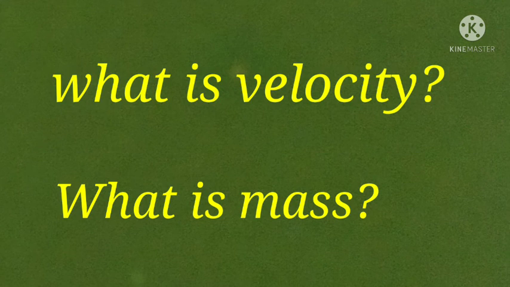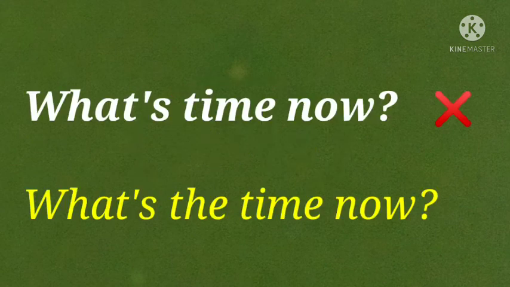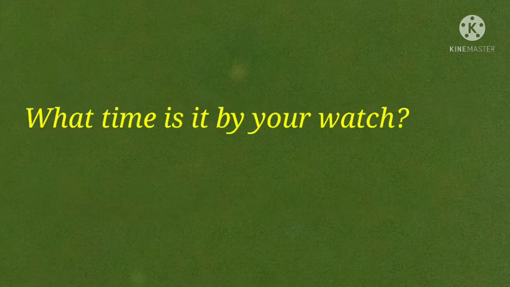You may define the word time. So don't ask what is time now, but ask what's the time now. You can also ask what time is it today? What time is it by your watch, not in your watch?